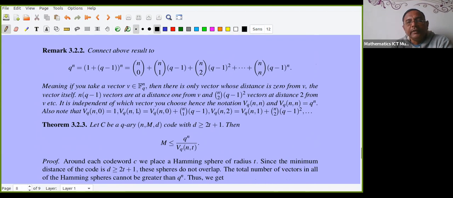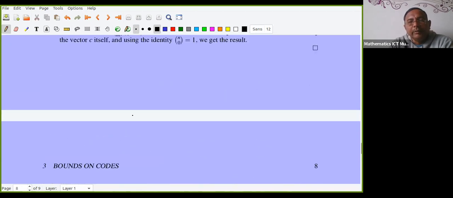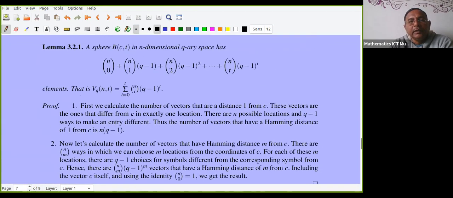With distance 1, it is the ball with distance 0 plus these extra vectors, total V_q(n,1). So I'm changing the t value: for t equal to 0, only this part will come; for t equal to 1, both will come; for t equal to 2, all three will come. This is easy.